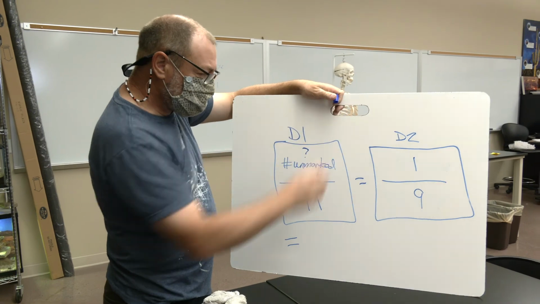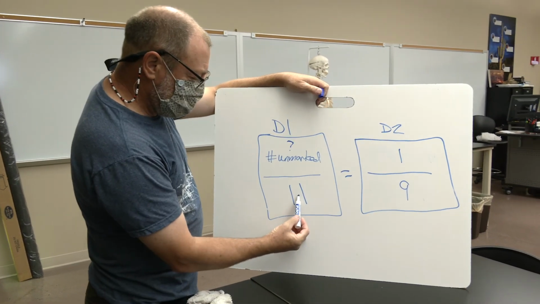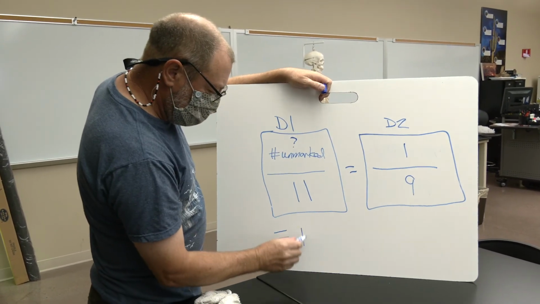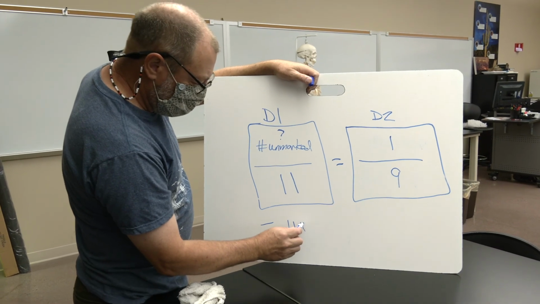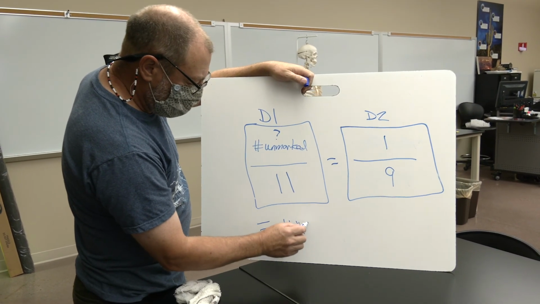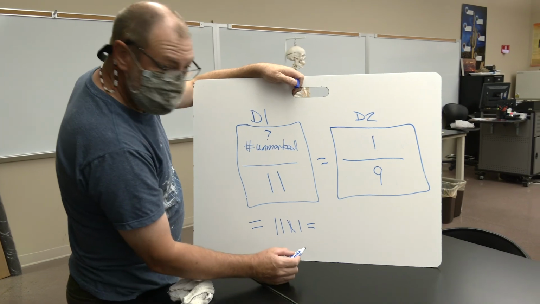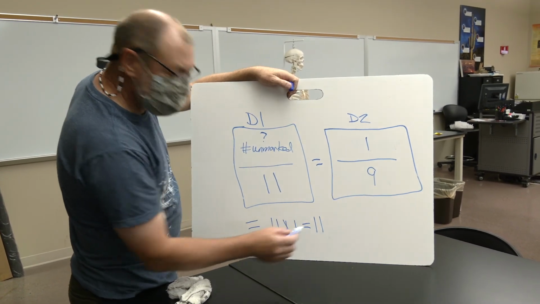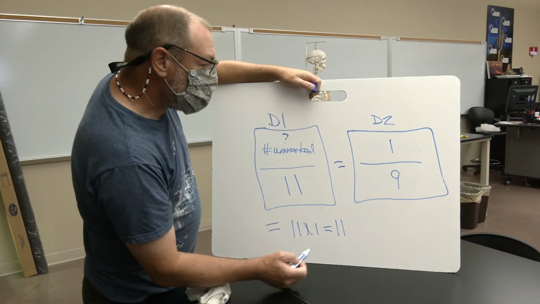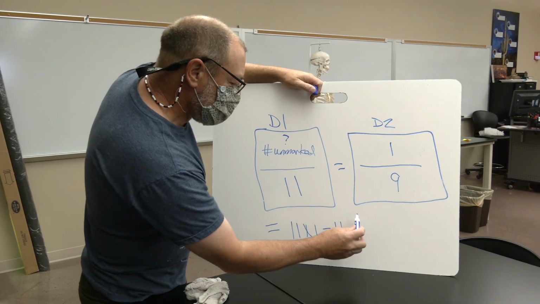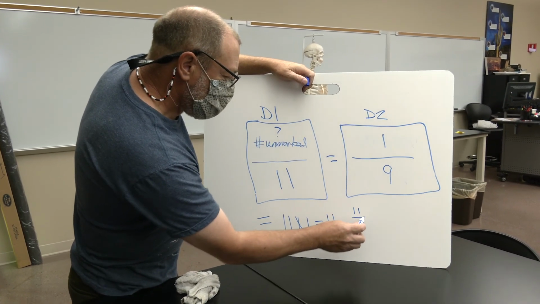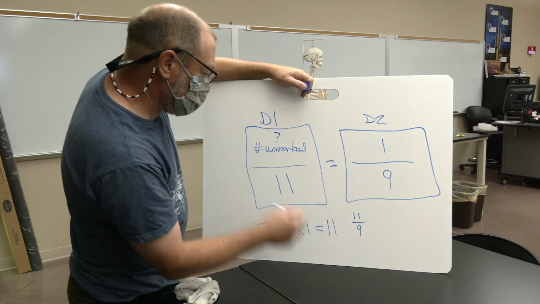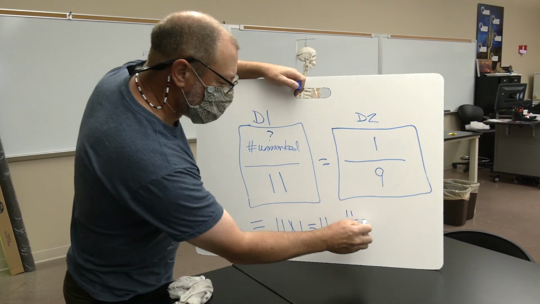So to cross multiply, we simply take 11 multiplied by 1. 11 multiplied by 1 equals 11. That's easy to do, right? Then we need to take 11 and divide it by 9 to give us this number.